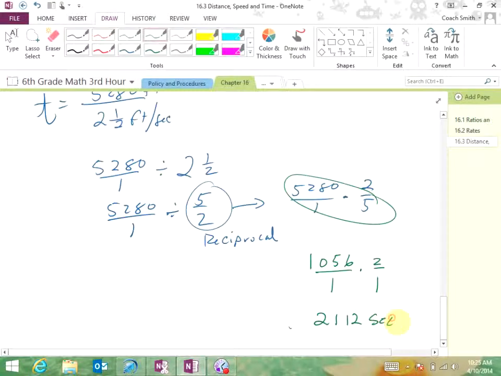Seconds. 2,112 seconds, because they were wanting time. 2,112 seconds. In minutes, 35 minutes roughly. Well, but you're going 2.5 feet per second, so that means you're going 1, 2, 3, 4, 5.